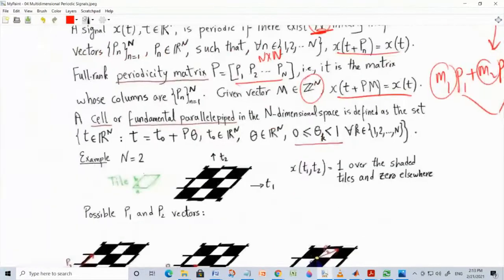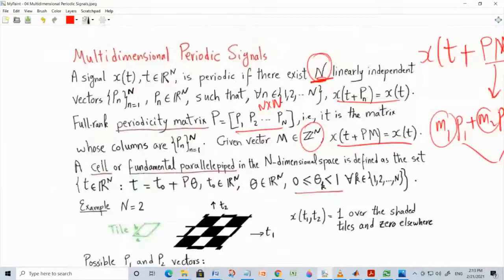And what is this thing? If you have a signal parameterized by the matrix P, periodicity is captured not just by the scalar delta, it's captured by an n by n matrix.